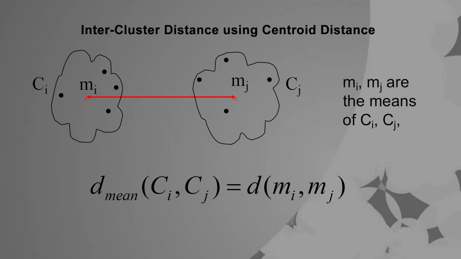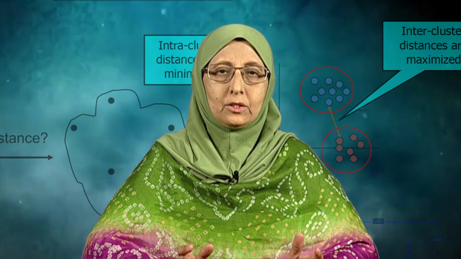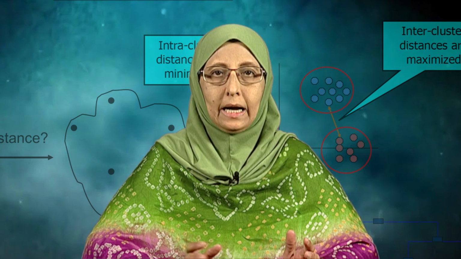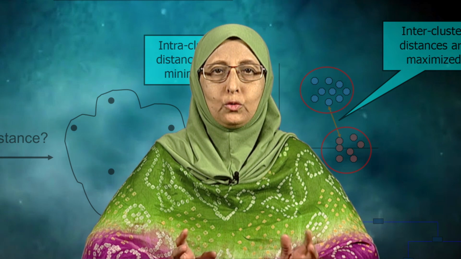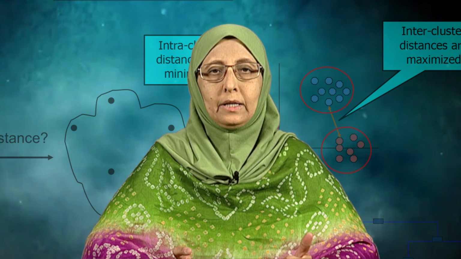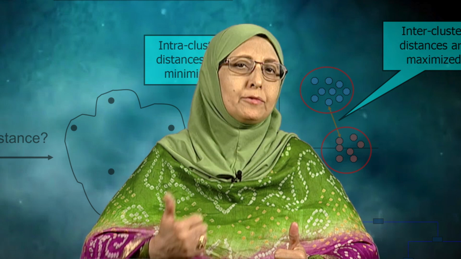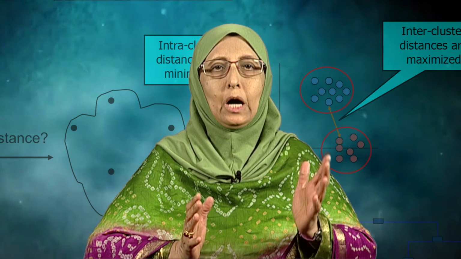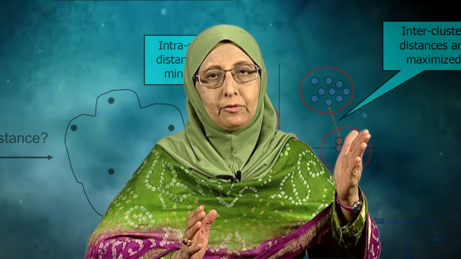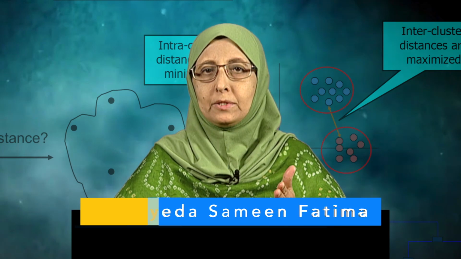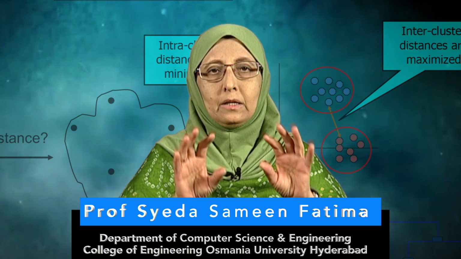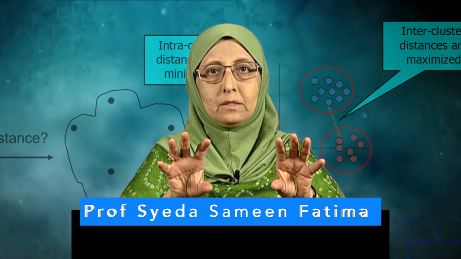So, what we just saw was hierarchical clustering. Under hierarchical clustering, we saw two different approaches, the agglomerative approach and the divisive approach. We also went pictorially and we saw how it went. Agglomerative went bottom up and divisive went top down. Then we were looking at the intercluster distances.